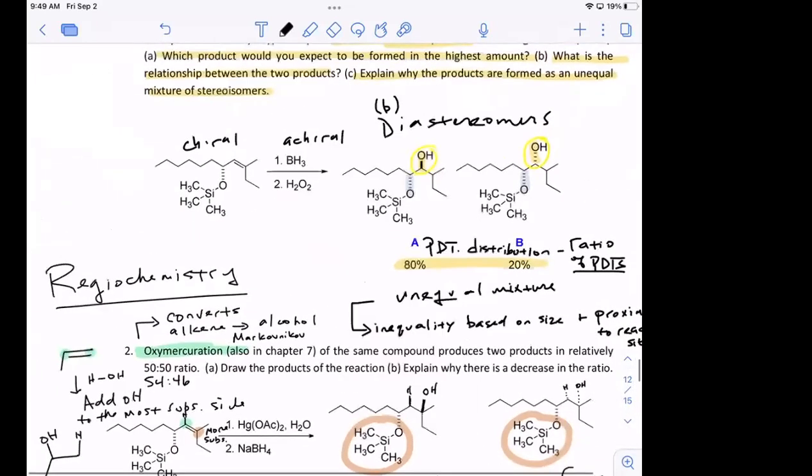Up here, I showed you the boron added immediately adjacent, right next to the chiral center when you had formed that intermediate. Over here, this is a different type of reaction, and the water, which is one of the reactants, is going to attack at a location that's further away from your pre-existing chiral center. So it's not going to have as much influence.